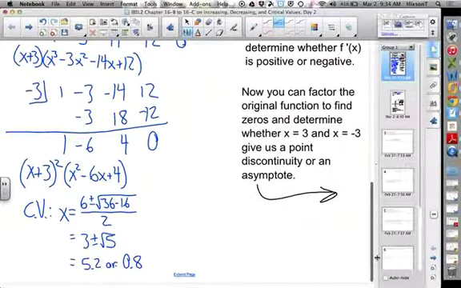The last thing, now we can factor the original function and find zeros to determine whether x equals 3 and x equals -3 give us a point discontinuity or an asymptote. Also, like I said, we're finding zeros, which are points on the graph.